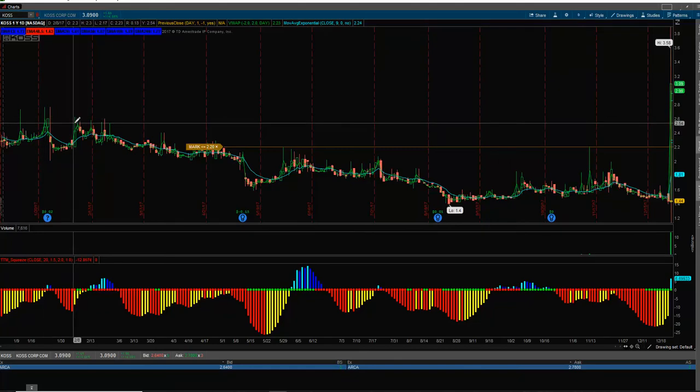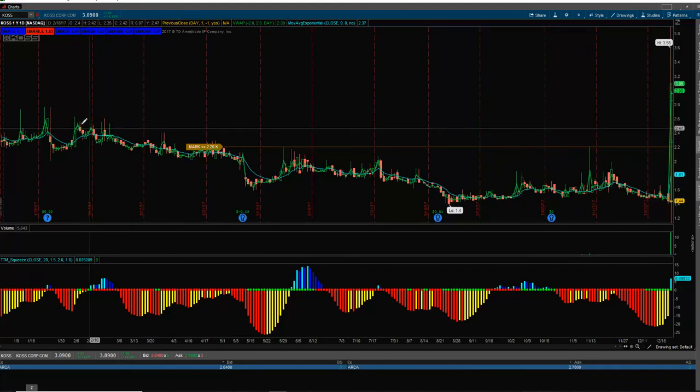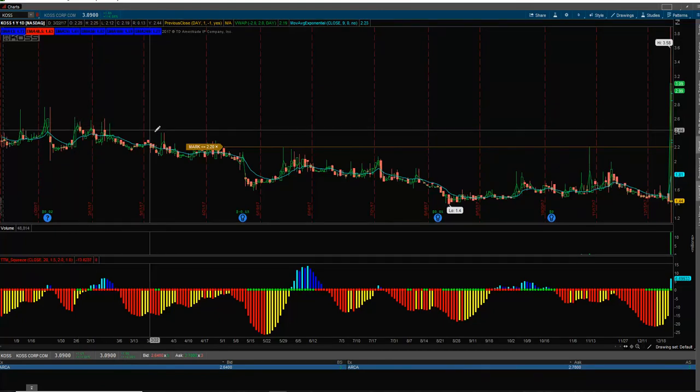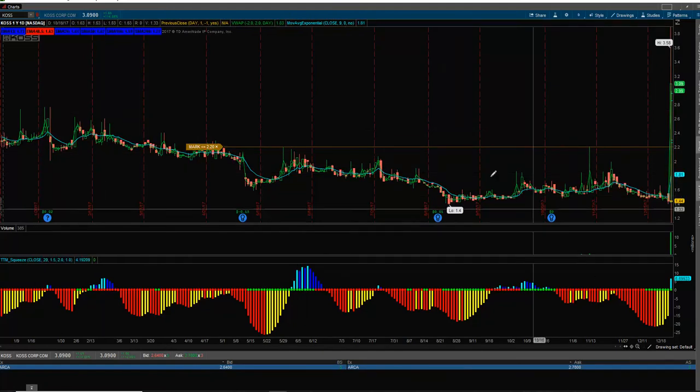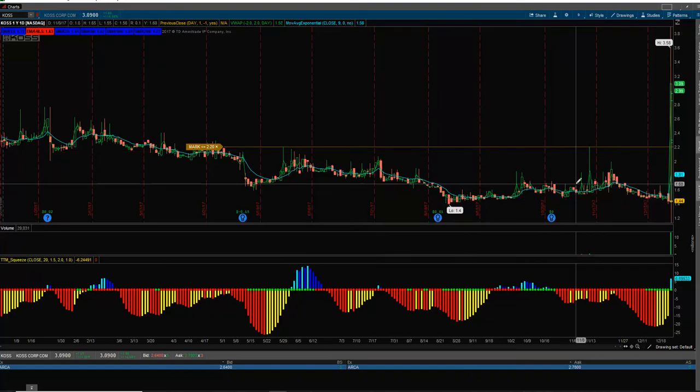So you notice it does have the ability to spike, but it never holds up its highs, right? It gives a lot of it back. And if you look over the year, it continually does that. So you can tell the stock doesn't hold its highs.